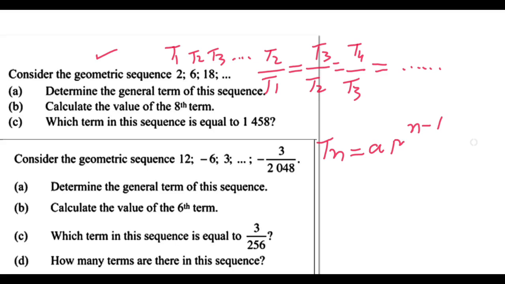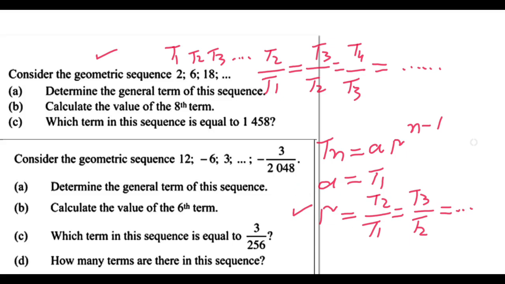A is the first term, and R is the constant ratio, or common ratio: T2 divided by T1 is equal to T3 divided by T2, is equal to and so on. So this is the formula, and now we can apply it to this question.